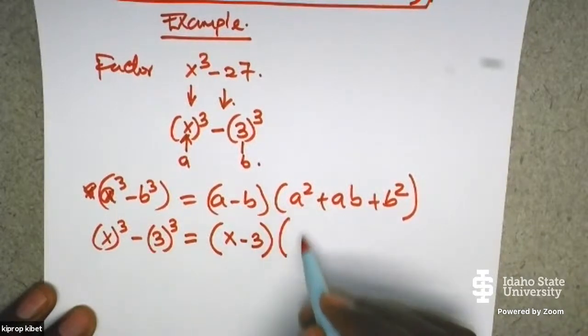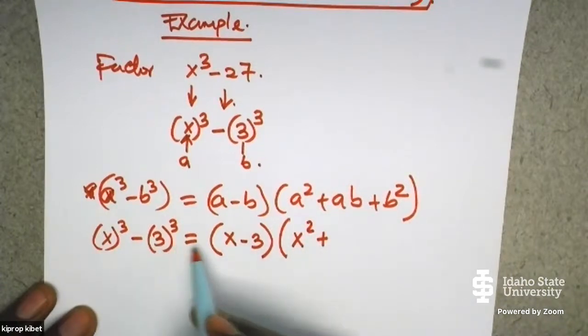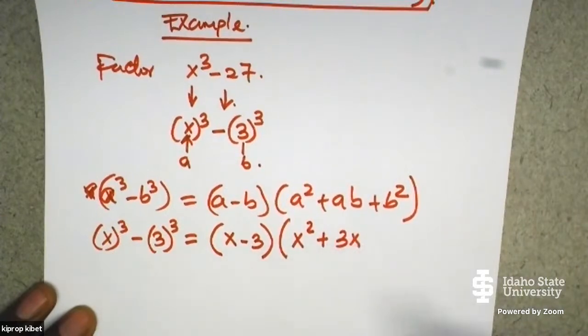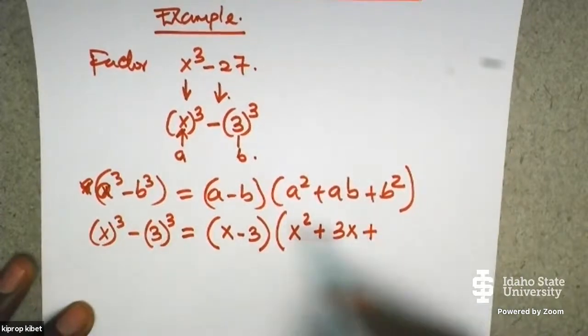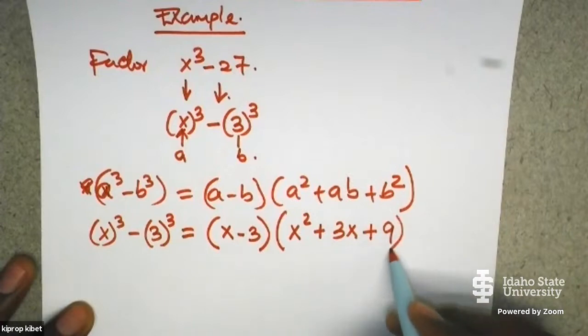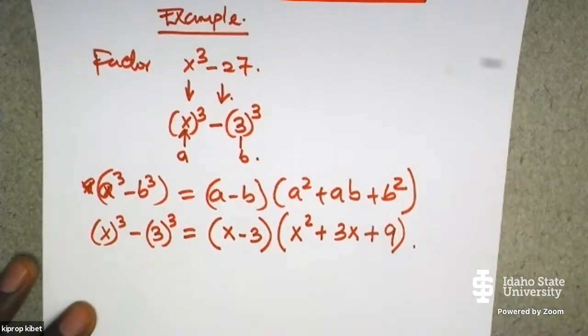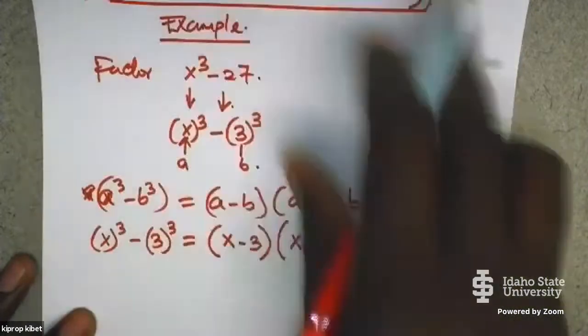Our A square is x squared, plus AB is what? 3x, and then plus our B square, which is 9. So that is how we factor. Do you have any question there? You only need to remember the two formulas there.